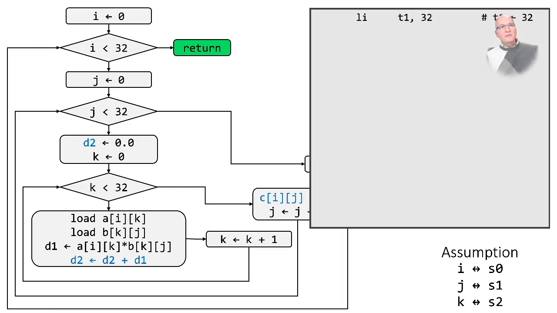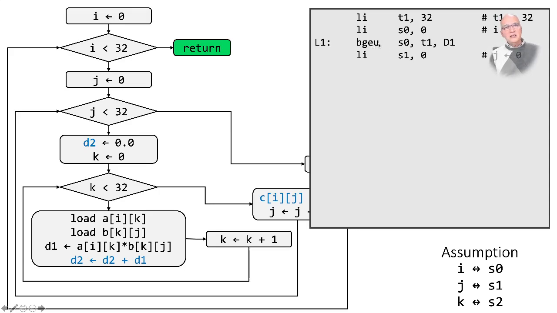So first I'll put the number 32 into T1, then I put 0 into i, and then I will do my initial test here. I'm asking whether i is less than 32. This is a branch greater or equal unsigned.